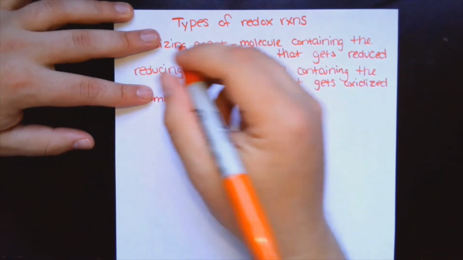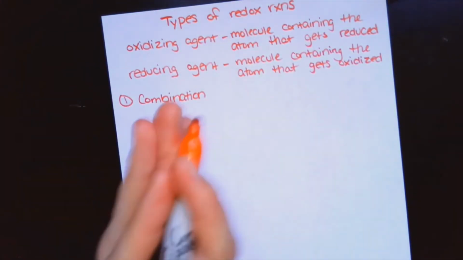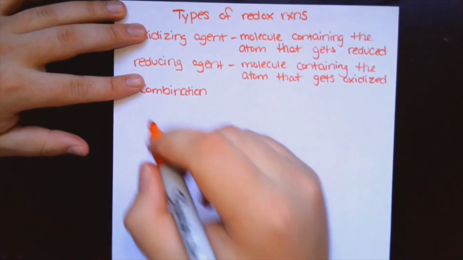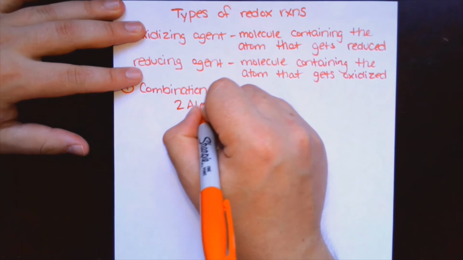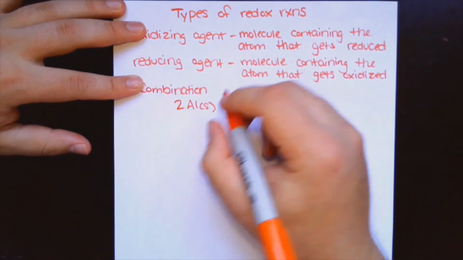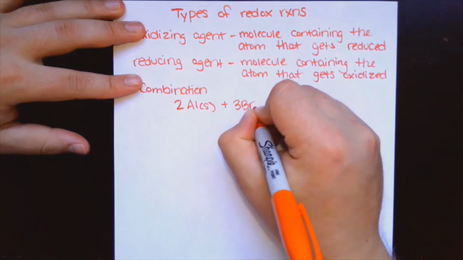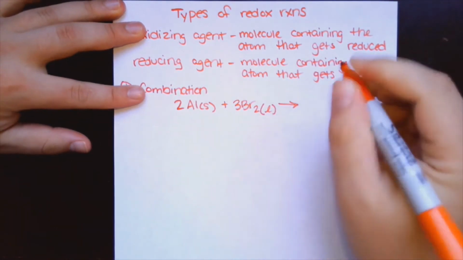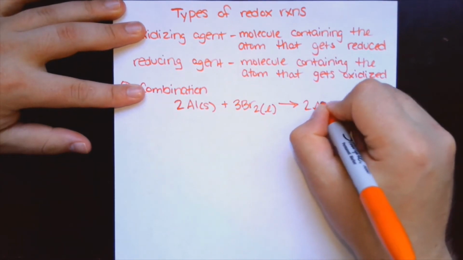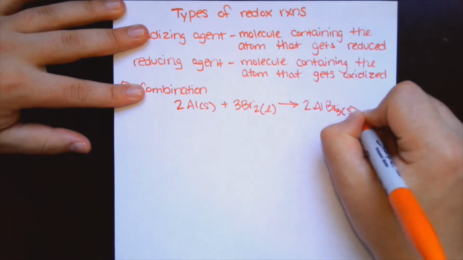So in a combination reaction, you basically just, as it sounds, take 2 separate things and put them together. So, for instance, if we have 2 solid aluminum plus something like this.